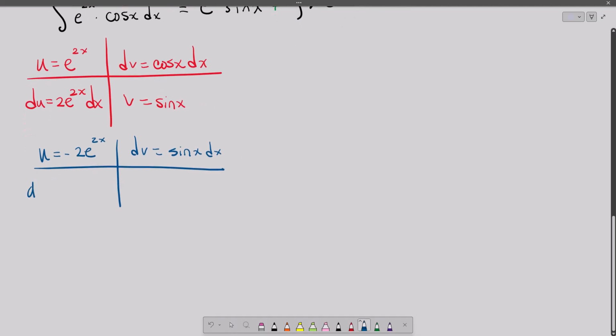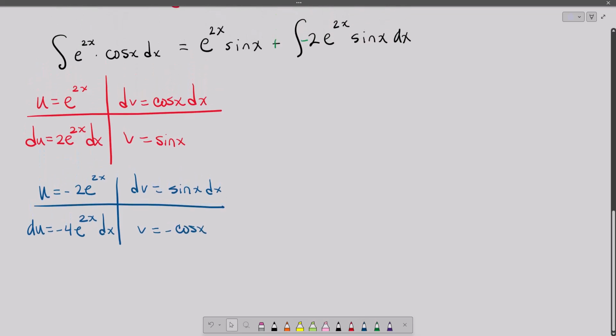Differentiating here, we have du equals negative 4e to the 2x dx, and v equals negative cosine x. All right, so on the right-hand side, we've got our coefficient function out there, our leading function out there. Now we do integration by parts again.